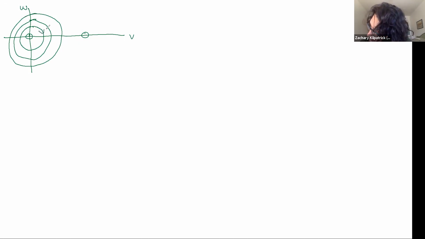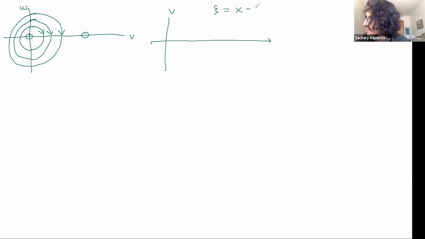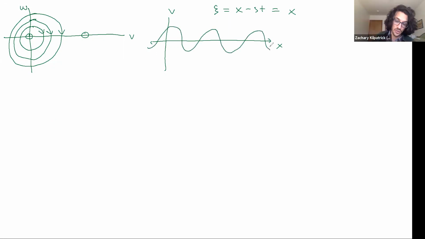It's going to look something like this. And so the idea is that v as a function of psi, but remember psi in this case is equal to x minus st, but s is 0, so this will just be x, right? It's just a standing wave. Everything just stays still. So you'll get just periodic solutions that look like this. Again, we named these last time. They're called cnoidal waves, okay?